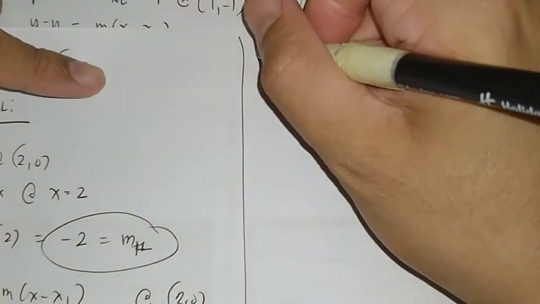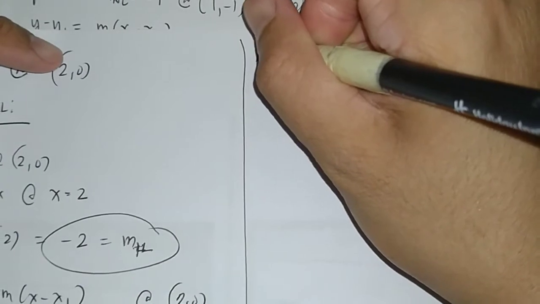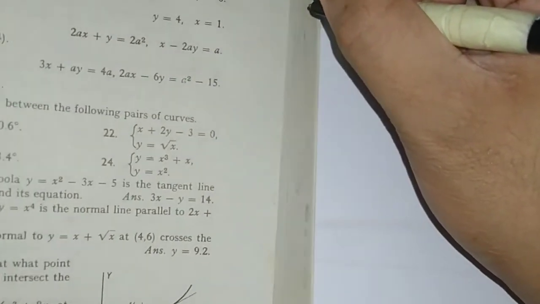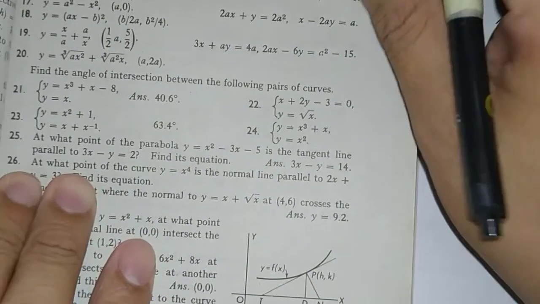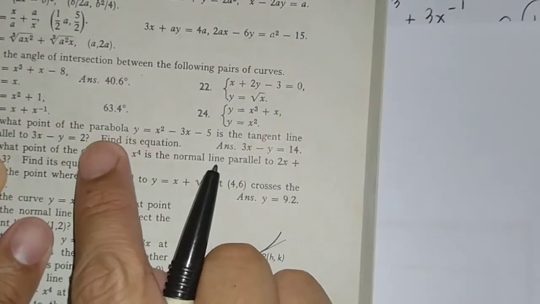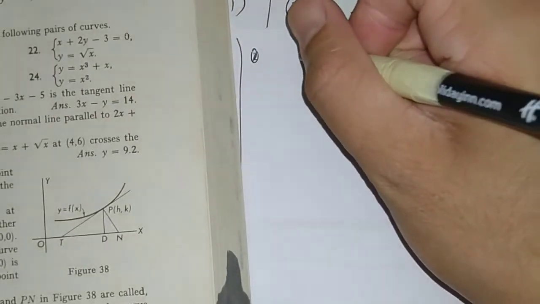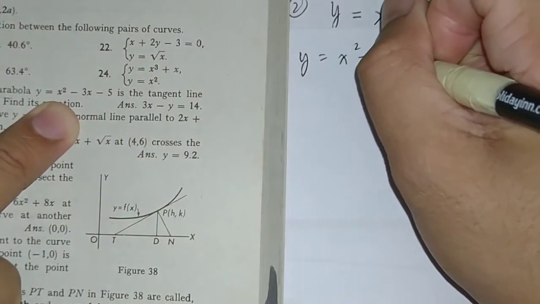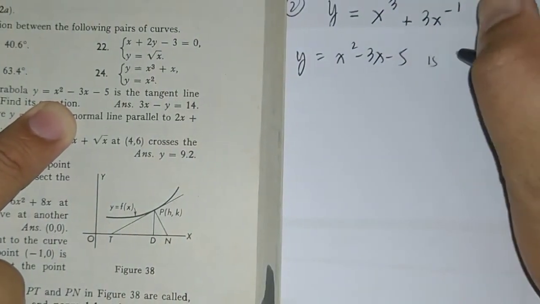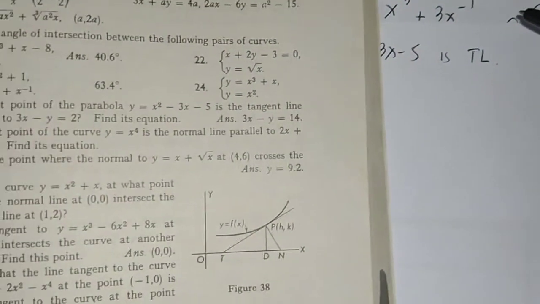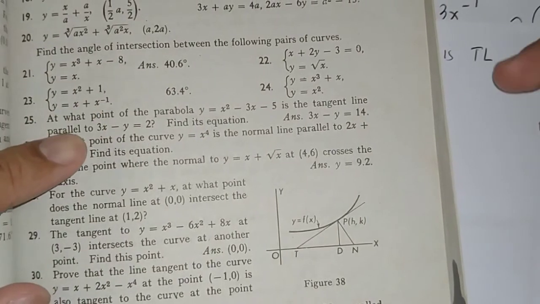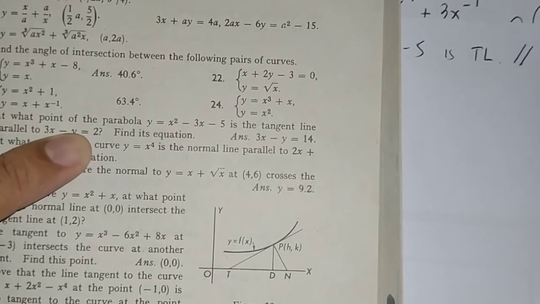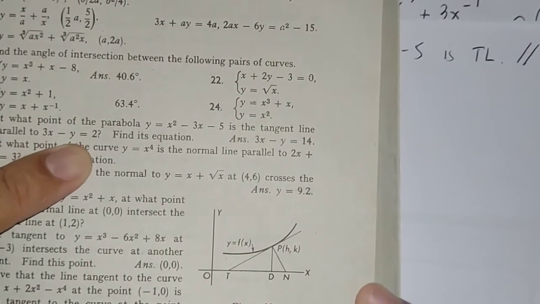Okay, let's have another example. So there is a problem here, number 25. At what point of the parabola y is equal to x squared minus 3x minus 5 is the tangent line parallel to 3x minus y is equal to 2?